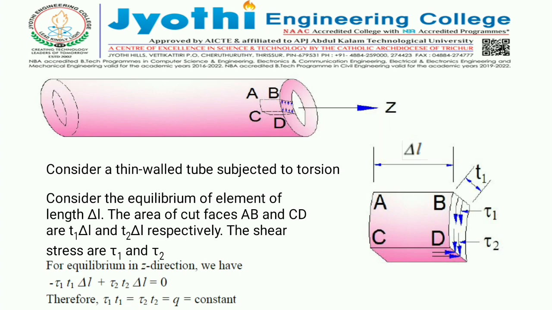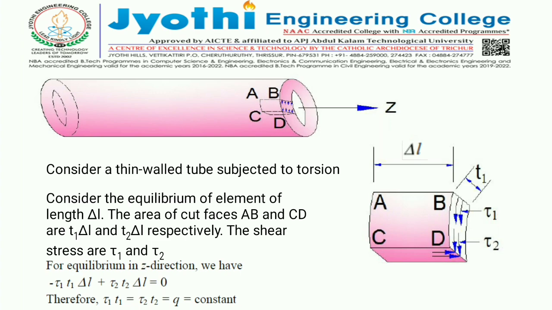Here, the thickness is very small and the boundaries are free, so the shear stresses on the boundary are parallel. Let tau be the magnitude of shear stress and t be the thickness of the tube.